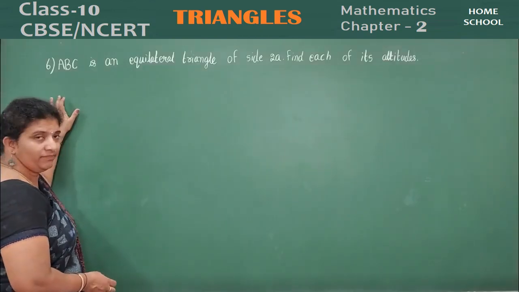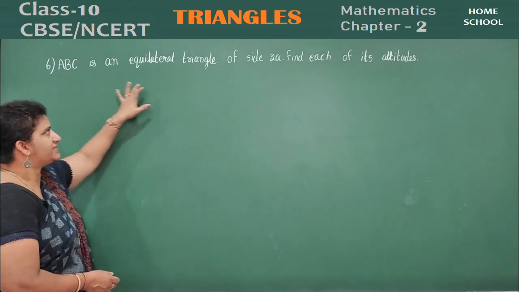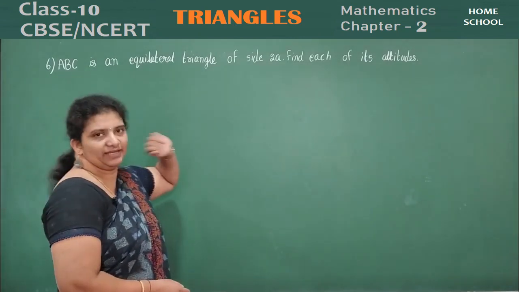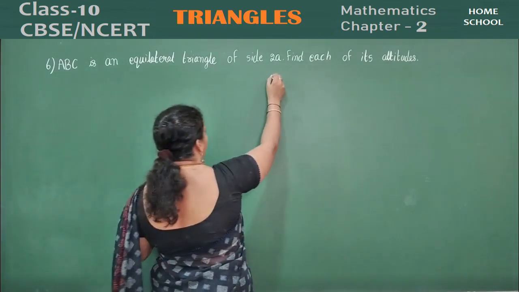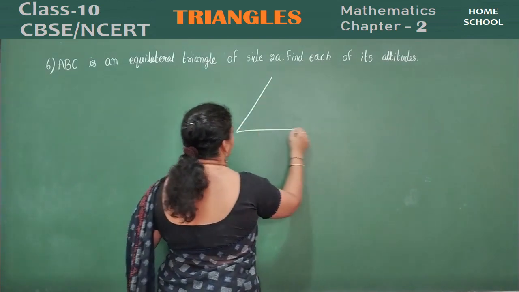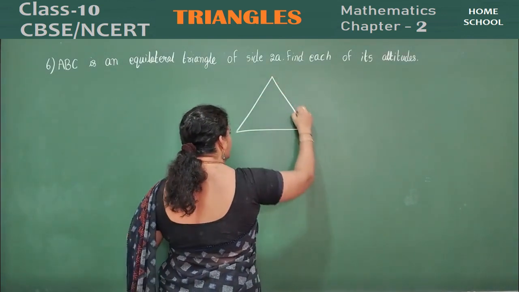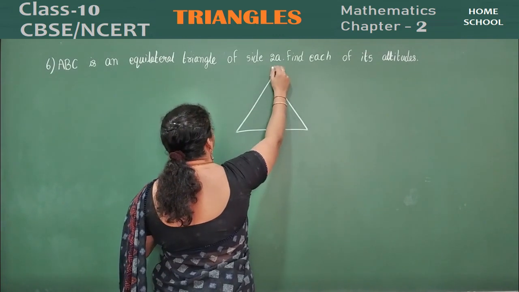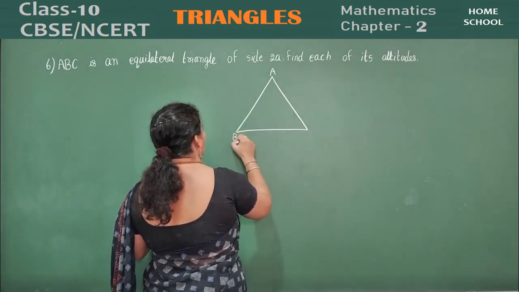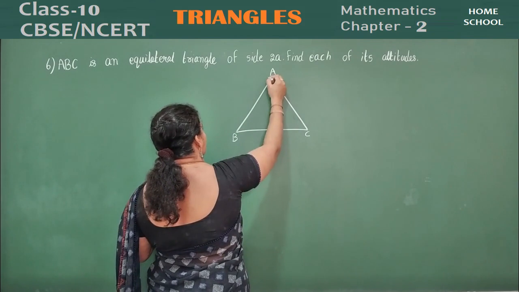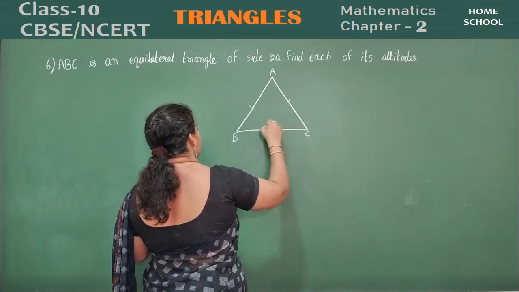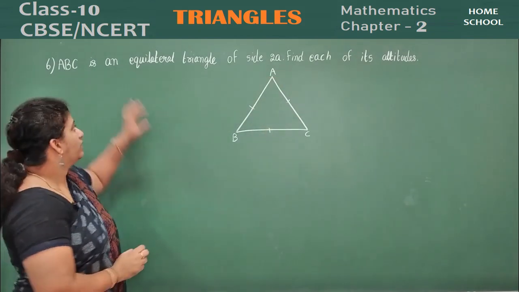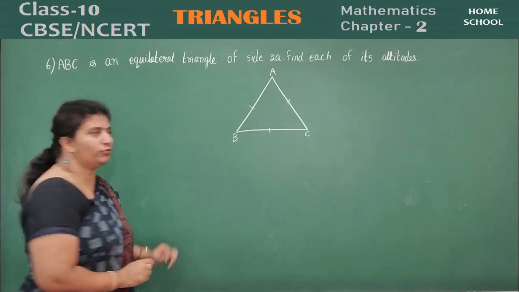Sixth problem. ABC is an equilateral triangle. Okay, let's draw an equilateral triangle here. ABC is an equilateral triangle where all sides will be equal, of side 2A.